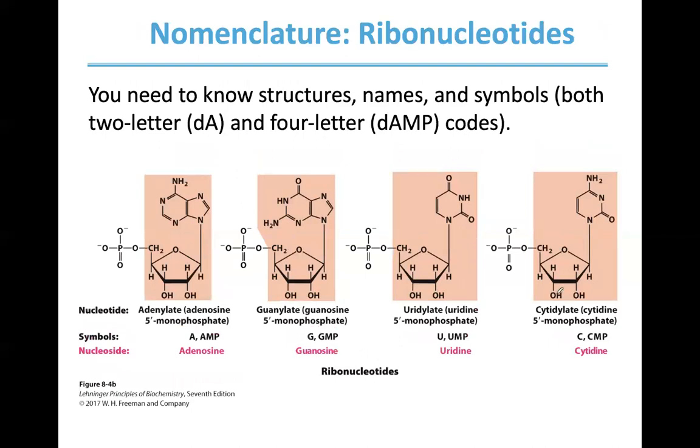All right, so these are ribonucleic acids. So these are components of RNA. So again, you need to know the structures, names, and symbols. So obviously there is a mistake here. Can you find a mistake in this sentence?